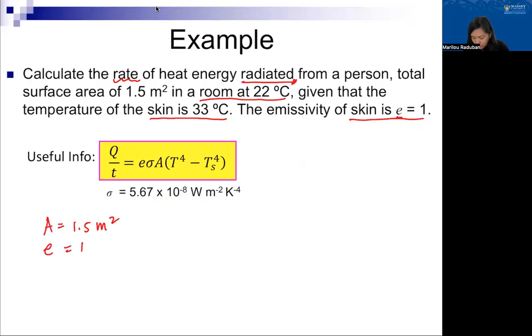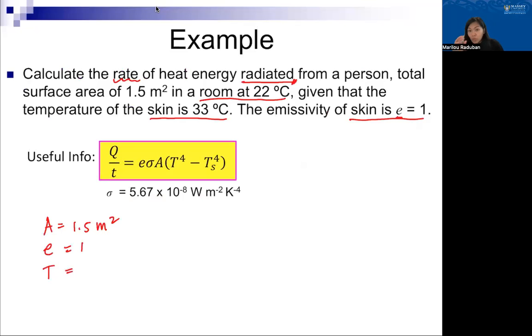Emissivity is equal to 1. Temperature. Okay, what temperature will you put for T? Is it 33 or 22 degrees Celsius? Just T. There are two temperatures given. Will T be 22 degrees or 33 degrees?